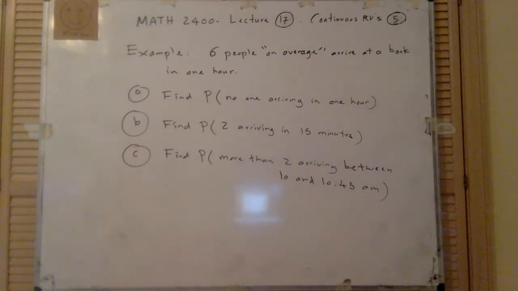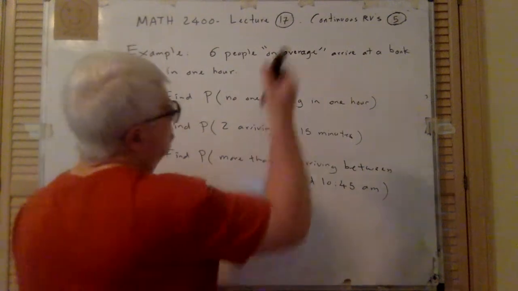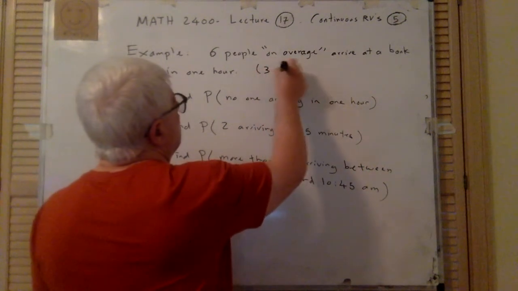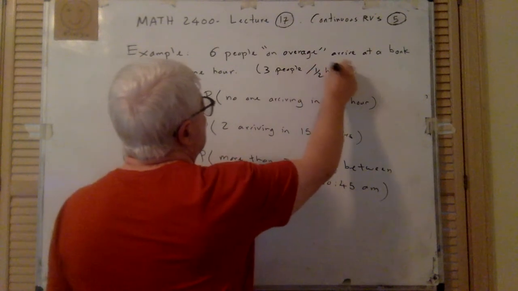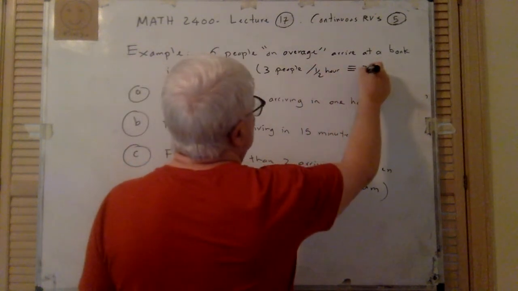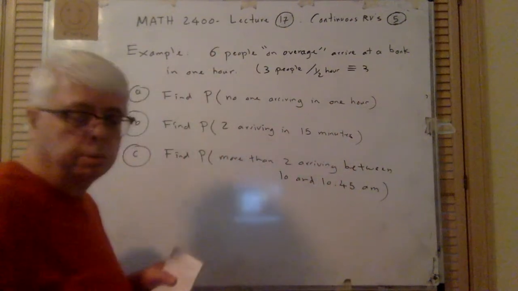Okay, so this is a typical problem in the Poisson process. We are given lambda, but that is per hour. It might say 3 people per half an hour, which is the same as 6 per hour.